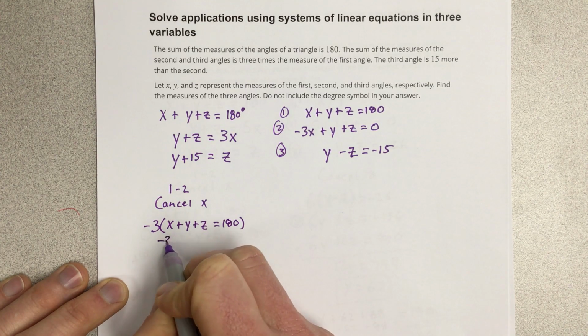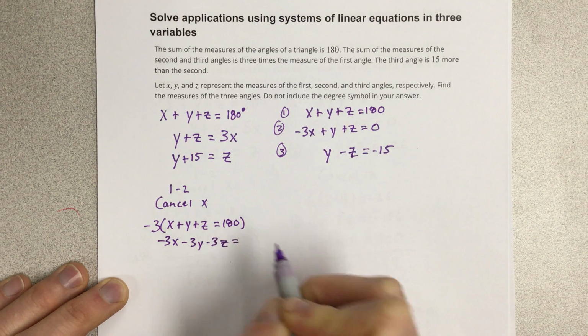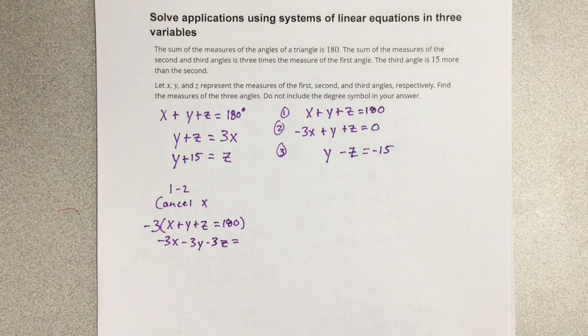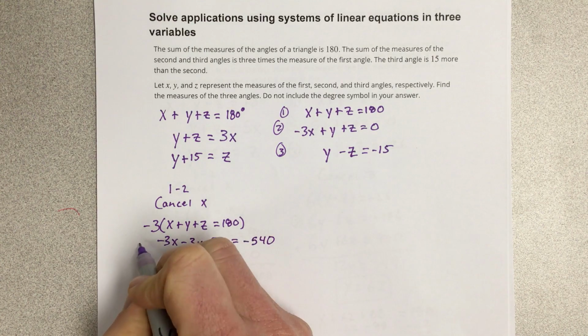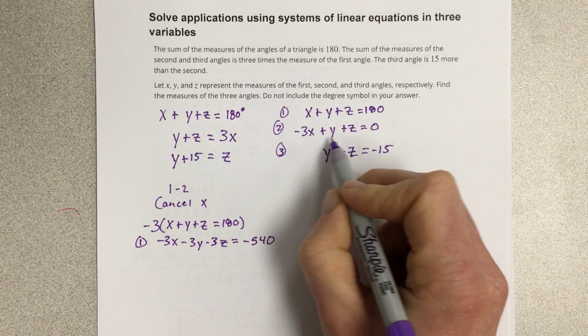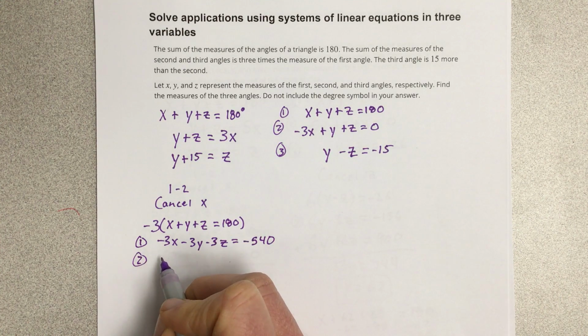So that's negative 3x minus 3y minus 3z equals negative 540. And that's equation 1. I'm going to add that with equation 2, which is negative 3x.